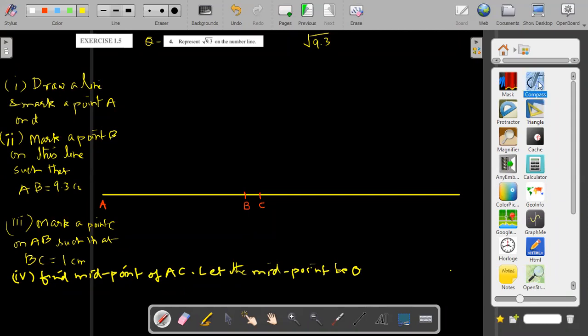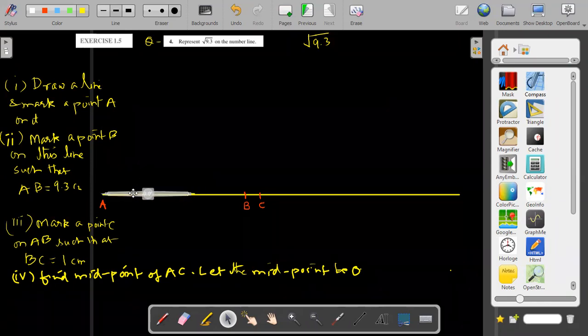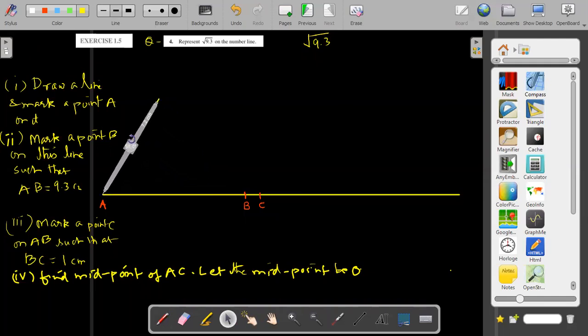How will you find the midpoint? Take the compass and keep it at A and C. You have to mark arcs on both sides, up and down. The radius should be more than half.